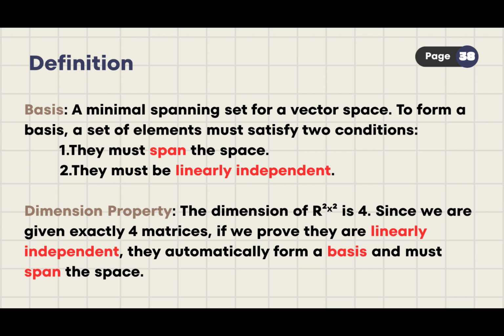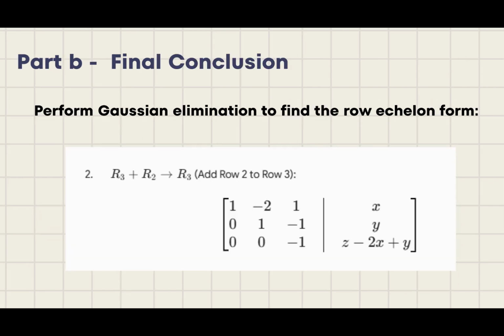Dimension property. The dimension of R2 by 2 is 4. Since we are given exactly 4 matrices, if we prove they are linearly independent, they automatically form a basis and must span the space. This problem uses a different method called row reduction or Gaussian elimination.